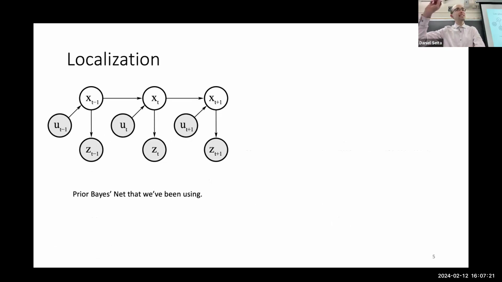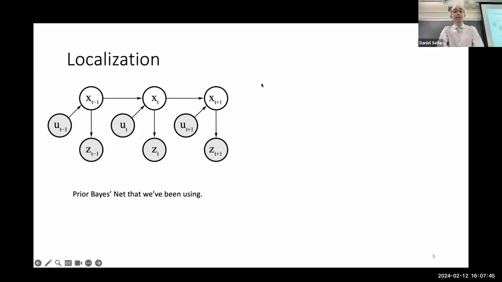For this lecture, the state is going to be the robot pose for the most part. The U's here are the robot controls, the action that it takes, and then these are some kind of measurement, like range finders, for example. And this is how the system evolves over time.